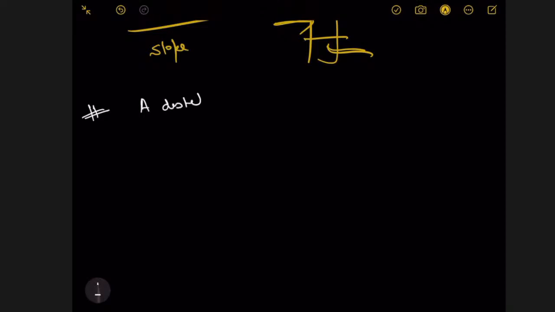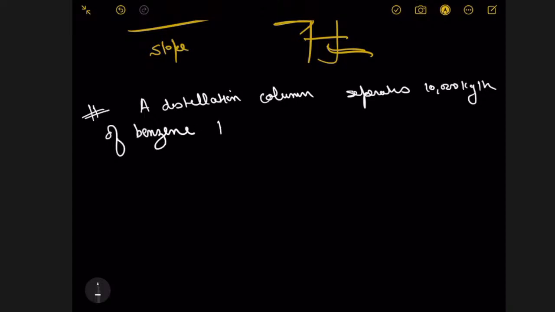A distillation column separates 10,000 kg per hour of a benzene-toluene mixture as shown in the figure.